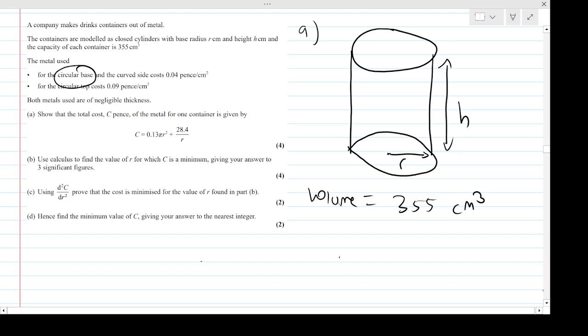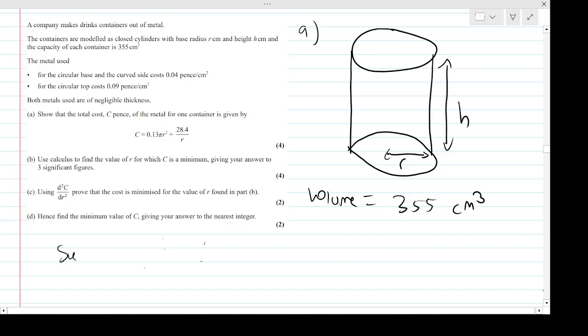The circular base and the curved side, which is basically this, the area of those faces costs 0.04 pence per centimetre squared. So every surface area costs 0.04 pence. Then the circular top up here costs 0.09 pence per centimetre squared. So we need to consider the surface area, right?